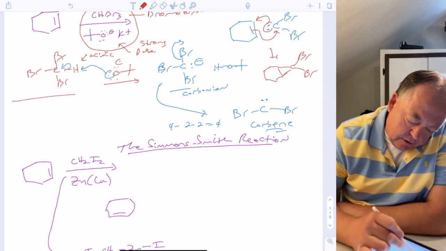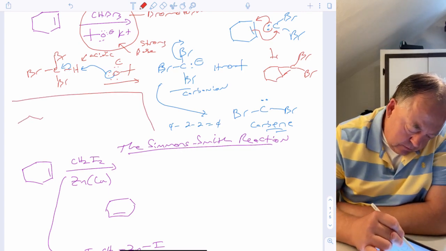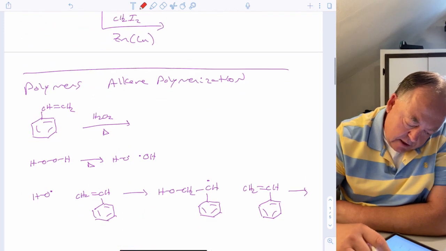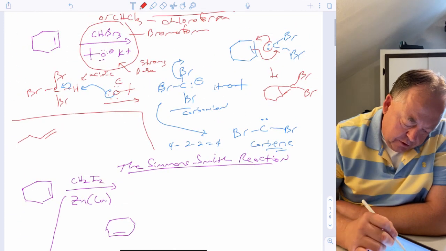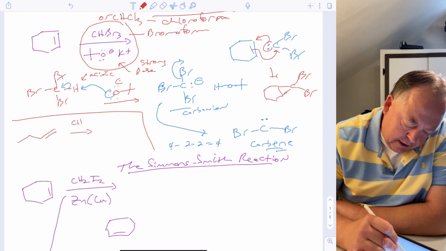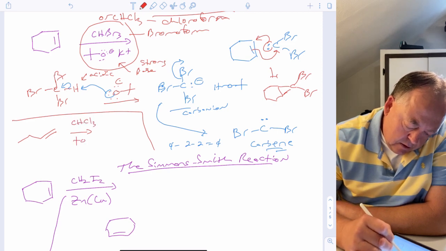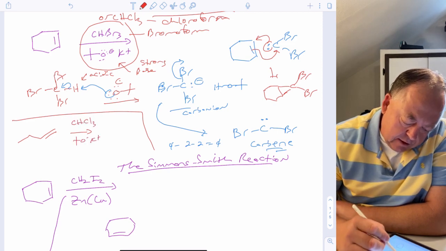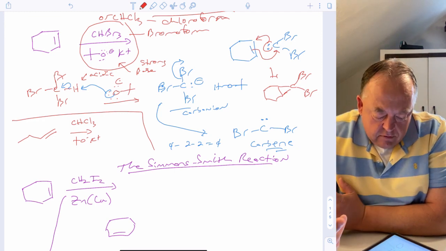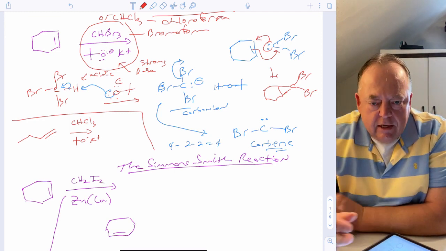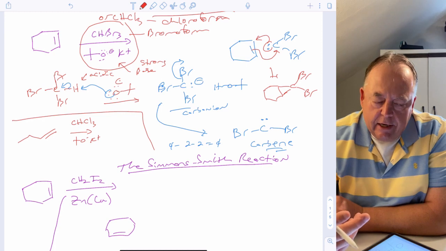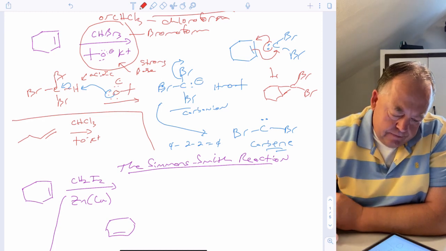Okay, so just as another example, if you took that and reacted it with CHCl3 with potassium tert-butoxide, then again, it helps in organic chemistry if you just learn to recognize reagents and what they're going to do.